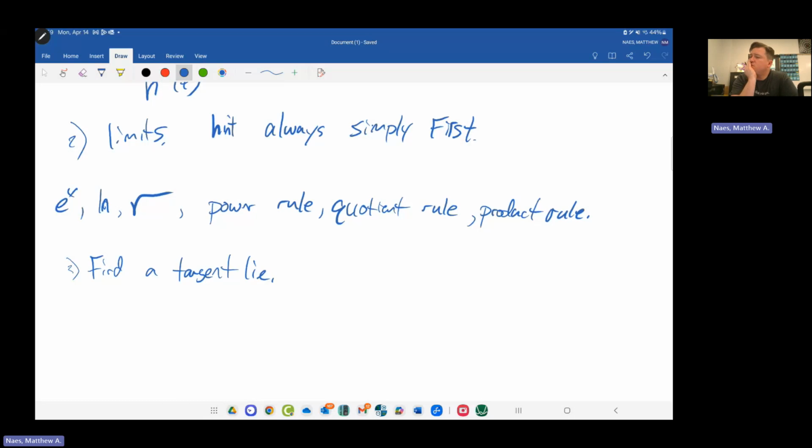Trying to find a good question or good section, that rates of change stuff.